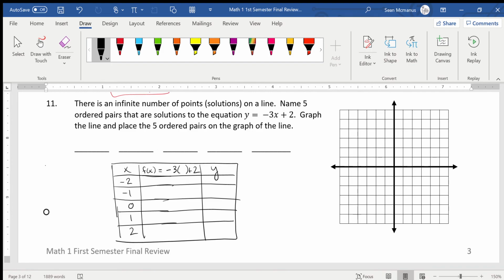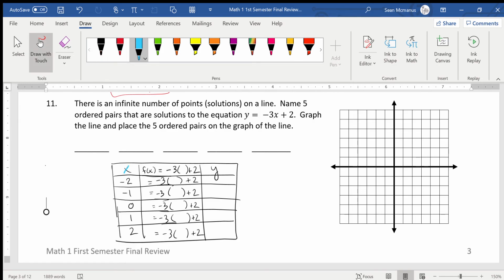So I'm going to replace x every single time. I'm actually going to do it this way, maybe you'll see what's happening. Here's our function machine. And I'm just leaving the parentheses empty where the x goes.